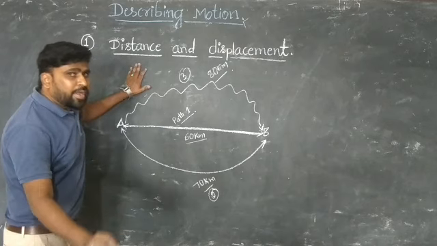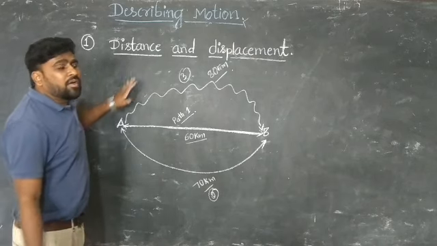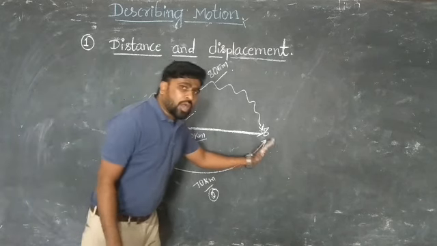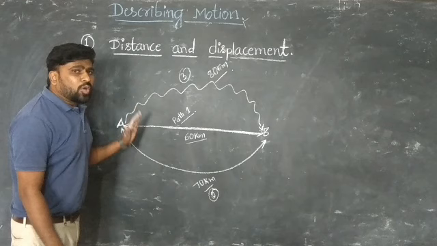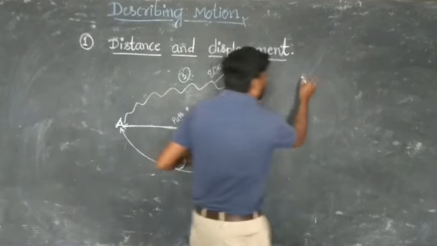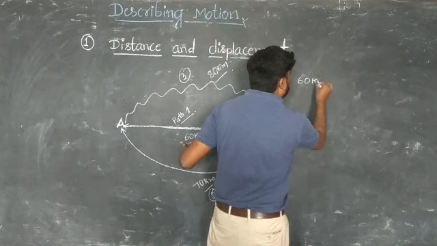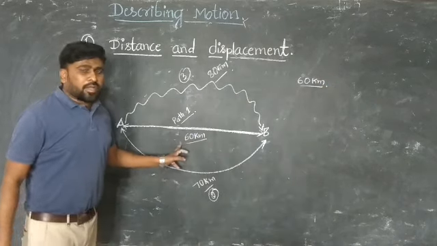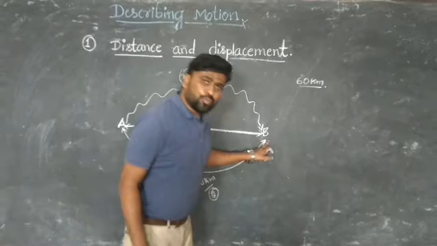Clear? Now I am traveling on path one from Kadur to Shimoga. That means the total distance I covered is how much? 60 kilometers regarding path 1.